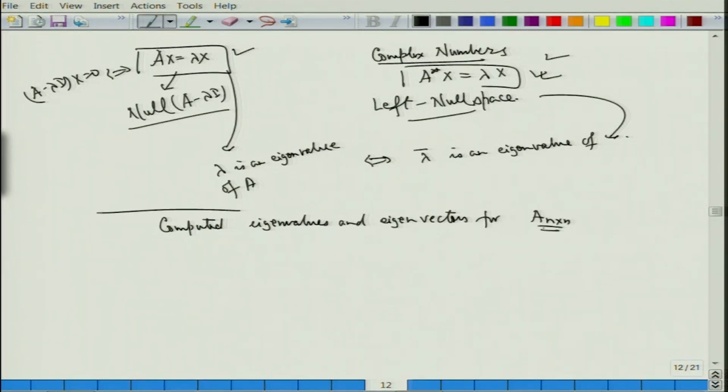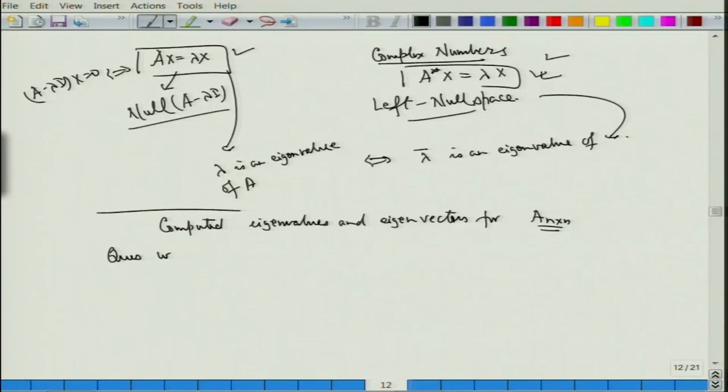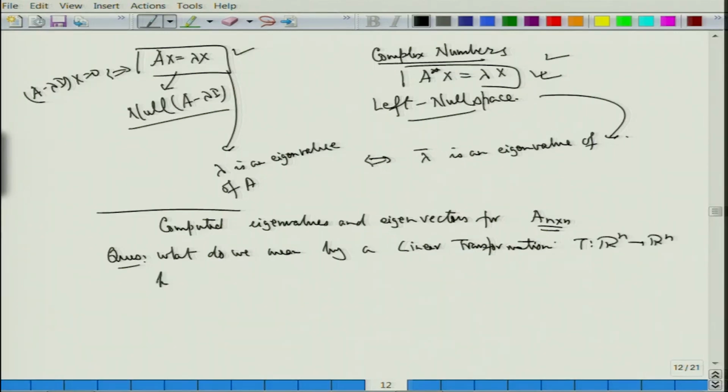What do I mean by saying that a linear transformation has an eigenvector? So, question: what do we mean by a linear transformation T from Rn to Rn has an eigenvector?